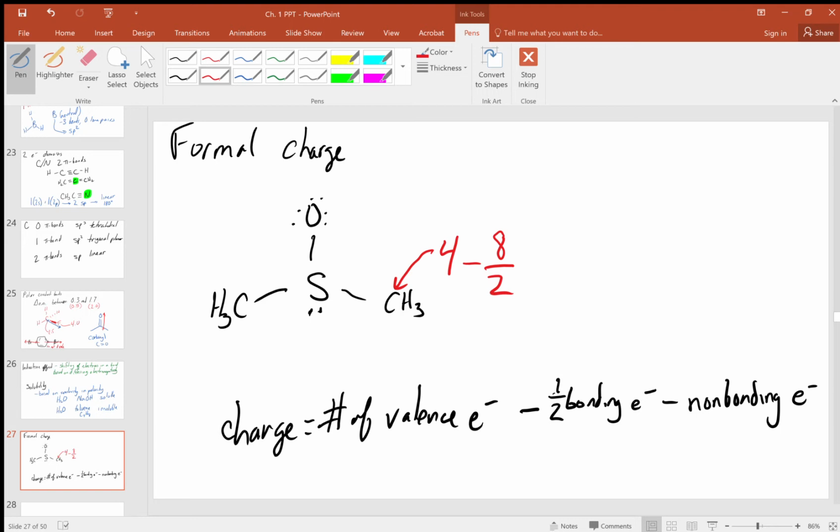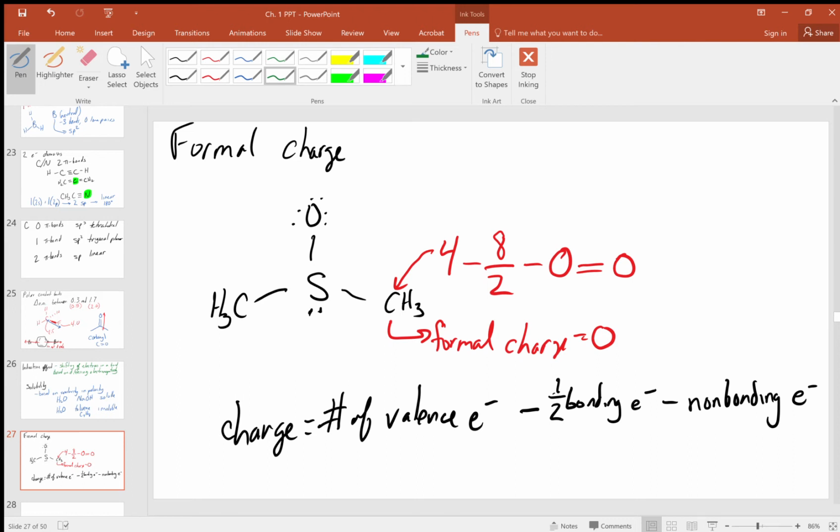How many non-bonding electrons? Well, a non-bonding electron is another name for a lone pair. This carbon has no lone pairs, so we have 0 there. So 4 minus 8 over 2 minus 0 is equal to 0. So this carbon has a formal charge of 0.